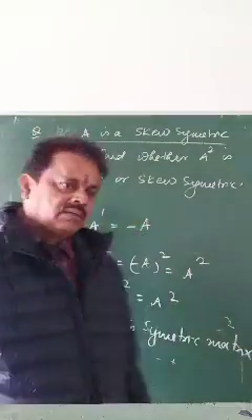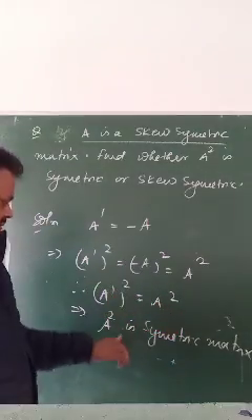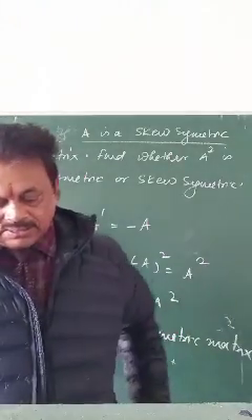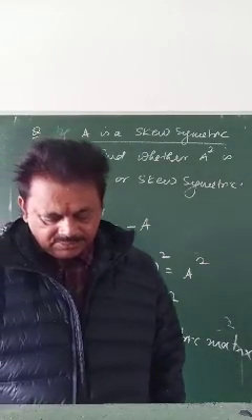What is symmetric? A matrix equal to the transpose of the square. So A square is the transpose of A square, which means it is a symmetric matrix. Okay.